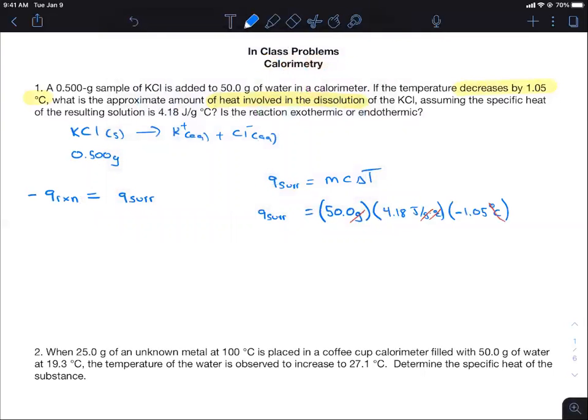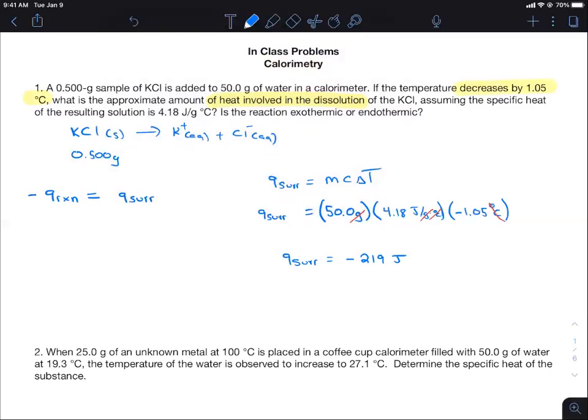You can go ahead and punch that into your calculator, and we should find that Q of the surroundings is equal to negative 219 joules.